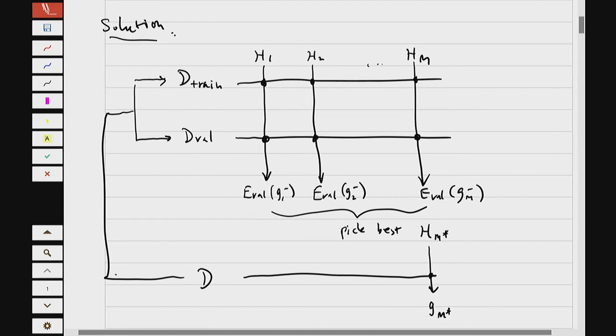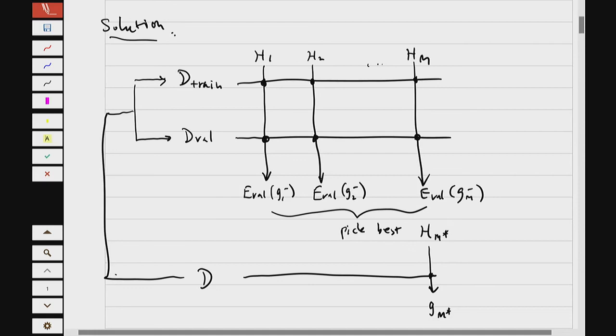You use the training data set that you reserve only for training to train these m different models, to pick the best hypothesis within each model. Then you use the validation data set to evaluate the performance of those best hypotheses that you pick out of each one of these models.